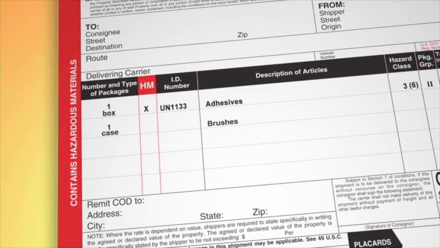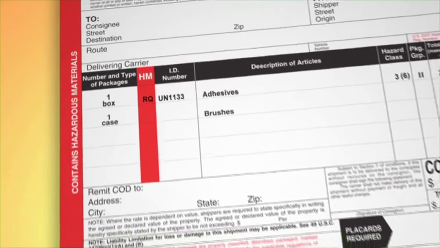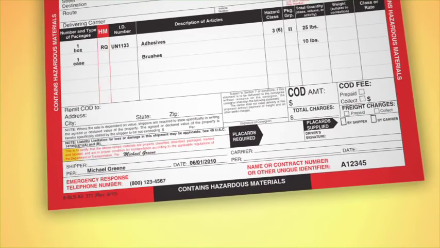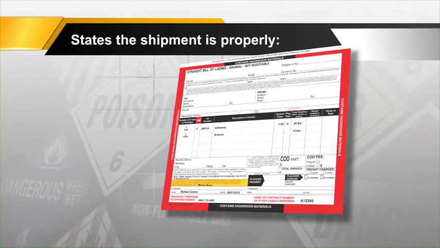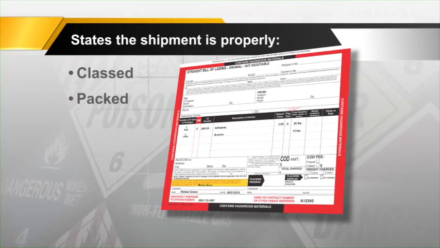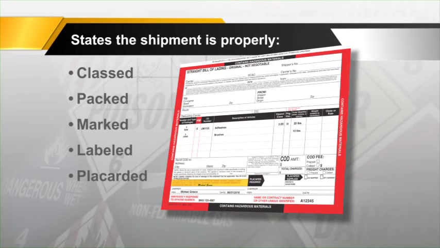The shipper may indicate hazmat by listing the hazardous materials first, or listing them in contrasting color, or inserting an X, or if appropriate, an RQ for reportable quantities in the column designated HM for hazardous materials. In most cases, shipping papers must also contain the shipper's certification. This simply states that a shipment is properly classed, packed, marked, labeled, and placarded, and is in proper condition for transportation.